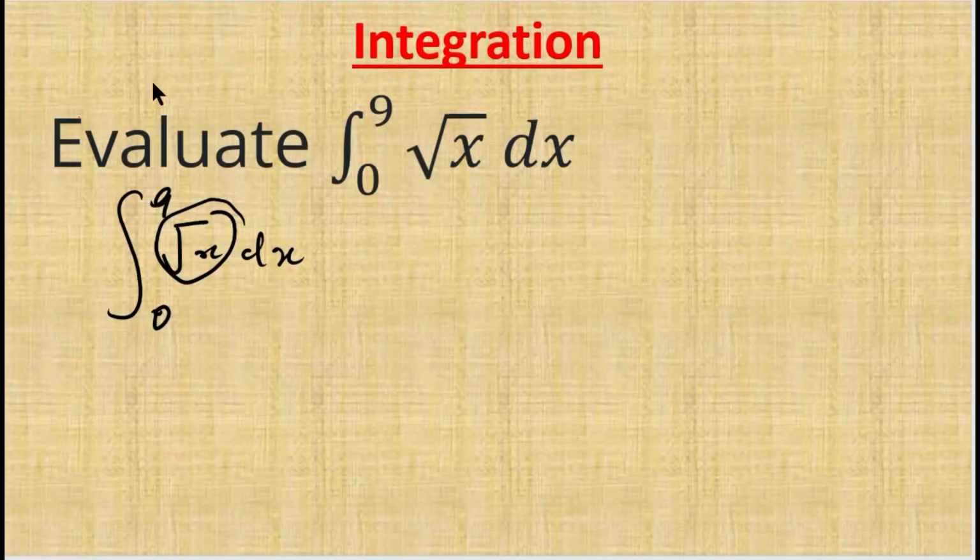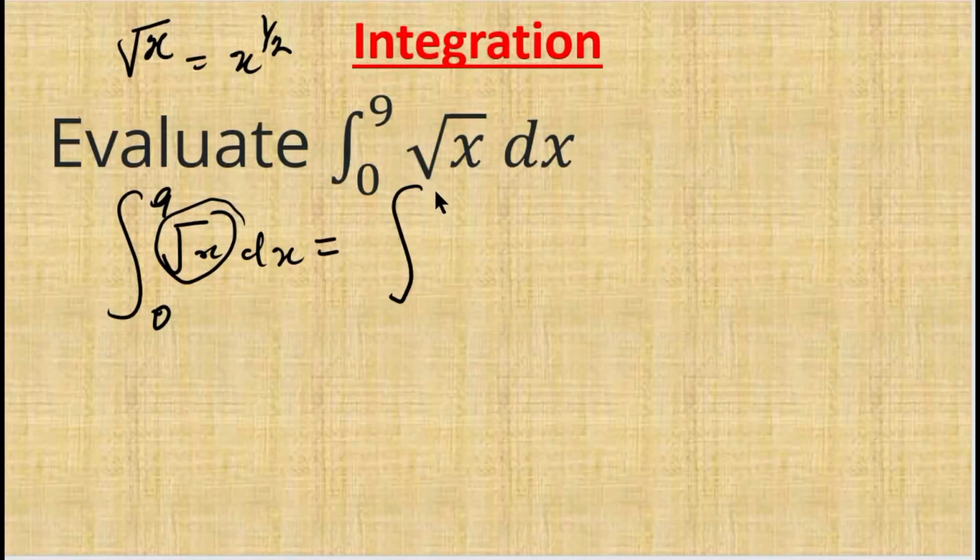I know that the root of x is the same thing as x raised to the power half. I'll rewrite this as the integral ranging between 9 and 0 of x raised to the power of half with respect to dx. Now, for those new to integration, this 9 and 0 are boundaries, and you'll see how I'll use them shortly.